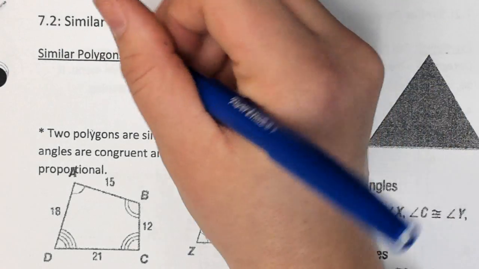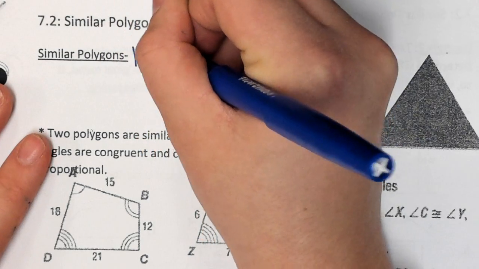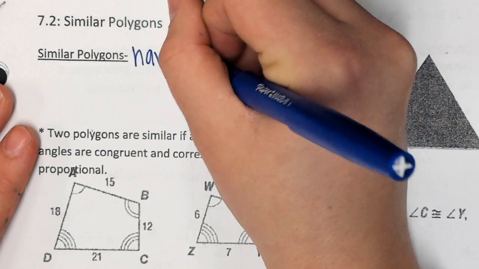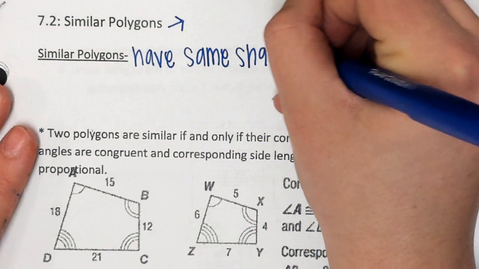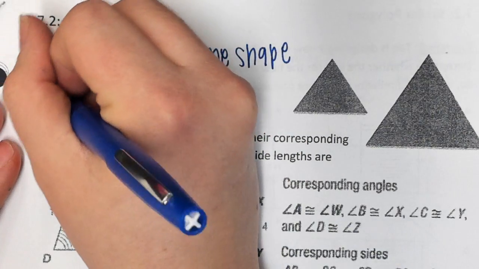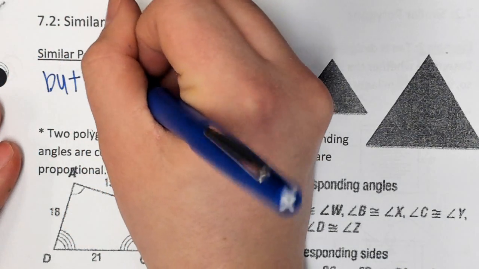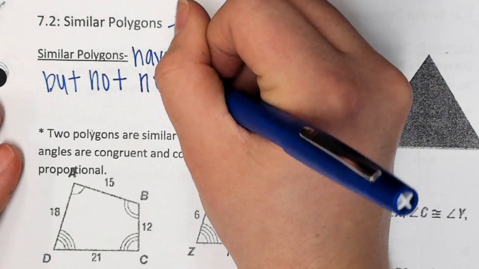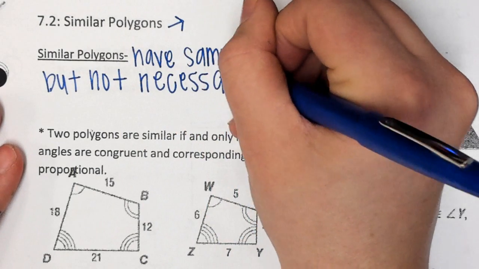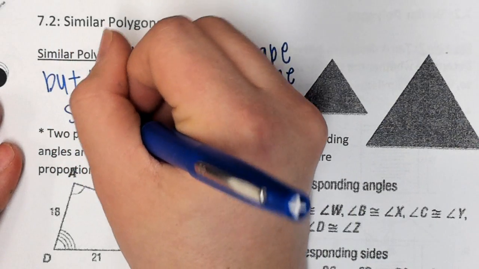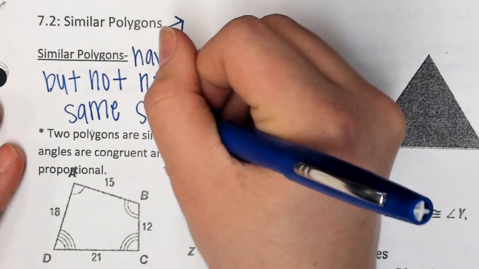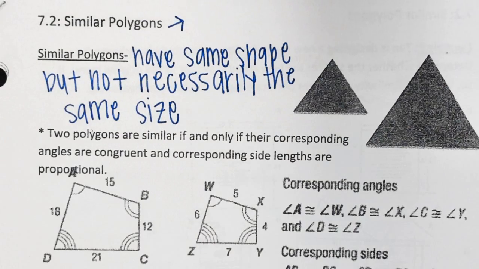Similar polygons have the same shape, but not necessarily the same size.